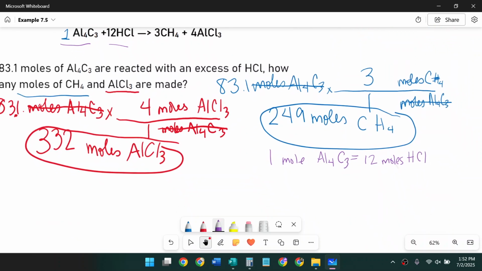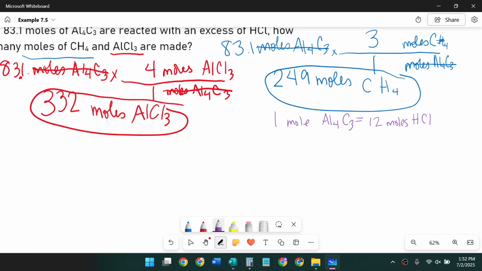And so we can use the same 83.1, the same moles that we had before of Al4C3. And we can figure out how many moles of HCl we had by using this conversion relationship. So Al4C3 and moles HCl.